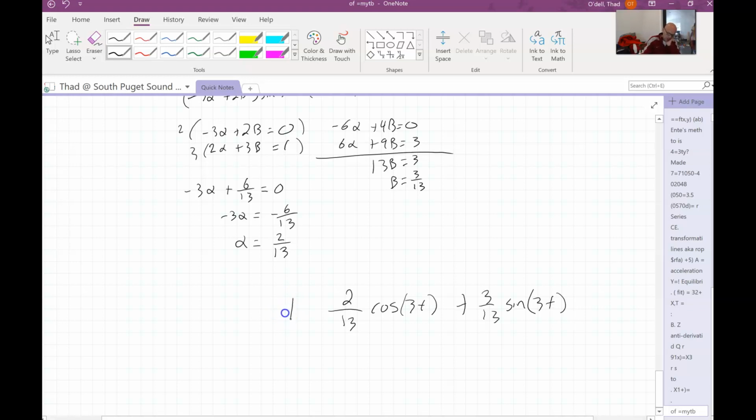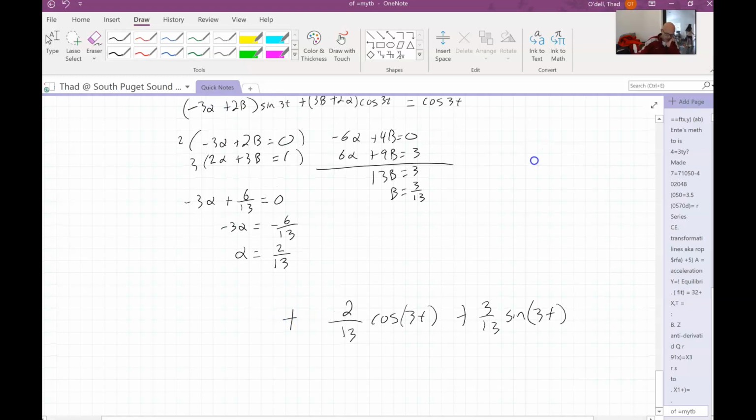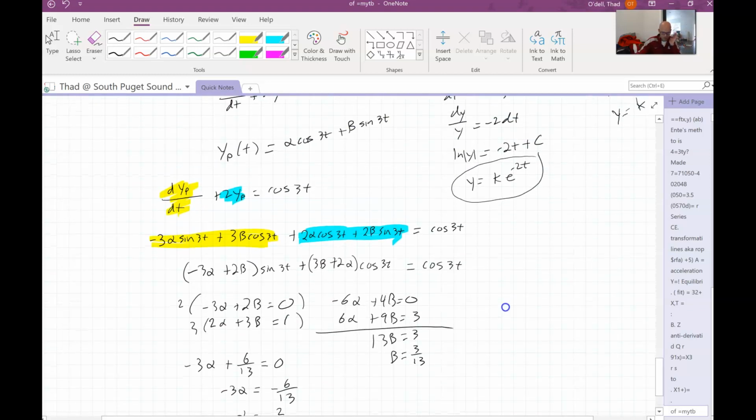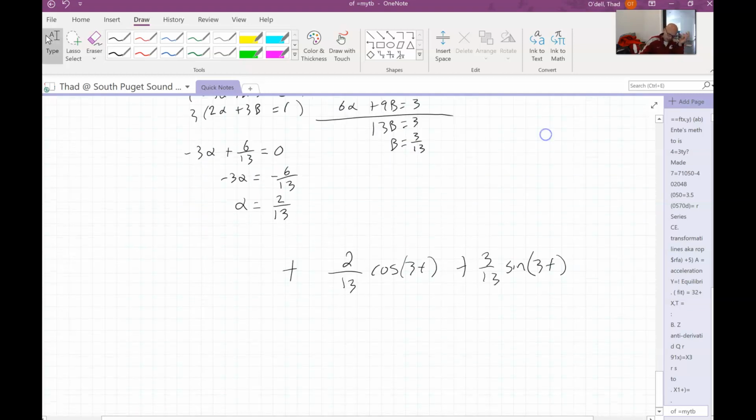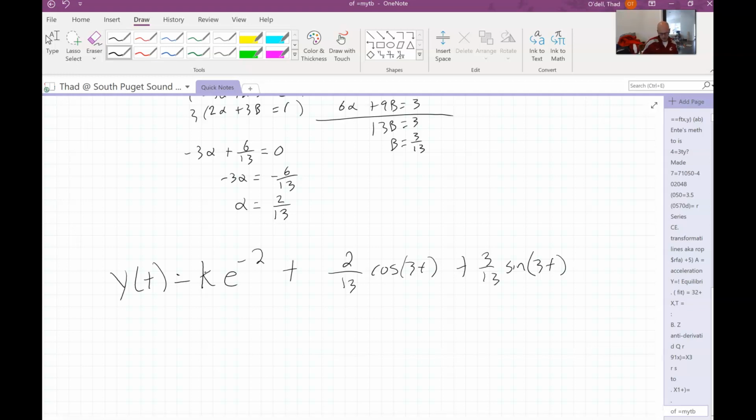Then we just need to add to that the general solution to the homogeneous part. That's k times e to the negative 2t. So we put over here k times e to the negative 2t. And that would be the general solution to the non-homogeneous differential equation. And again, you could check that, plug it back in, make sure that it works, but it does. Okay, so I think that'll do it.